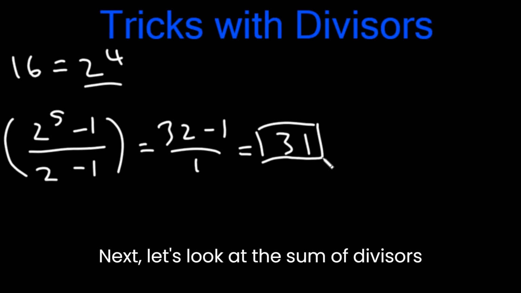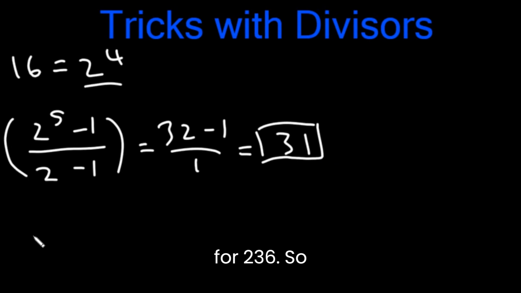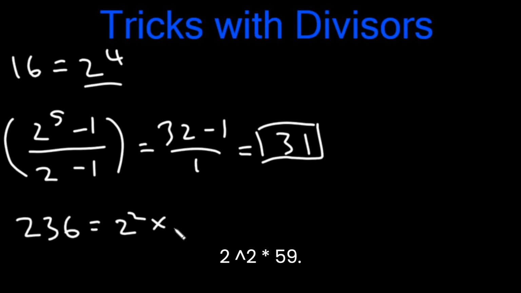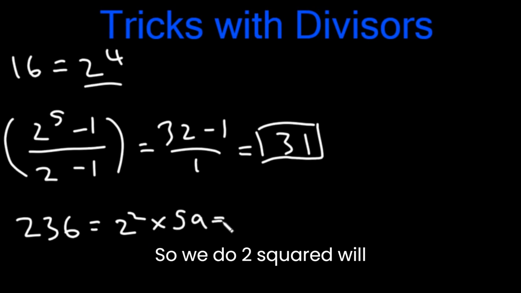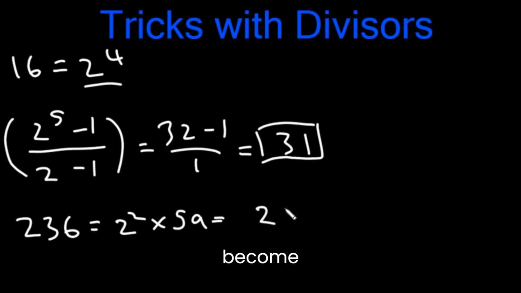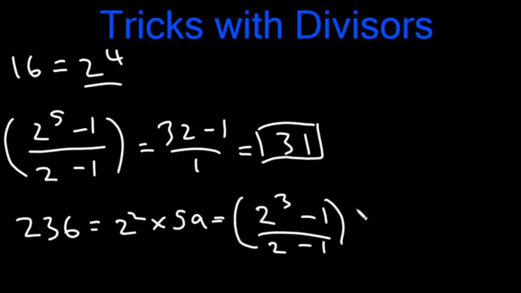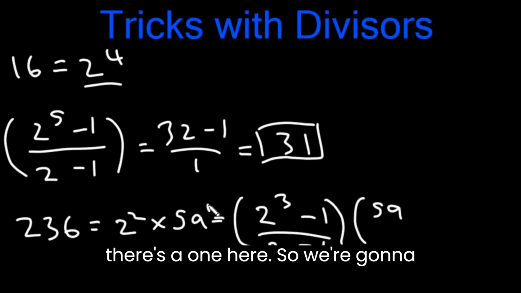Next, let's look at the sum of divisors for 236. So 236 is 2 squared times 59. So we do 2 squared will become 2 cubed minus 1 divided by 2 minus 1, times 59. There's a 1 here, so we're going to add 1 to that.